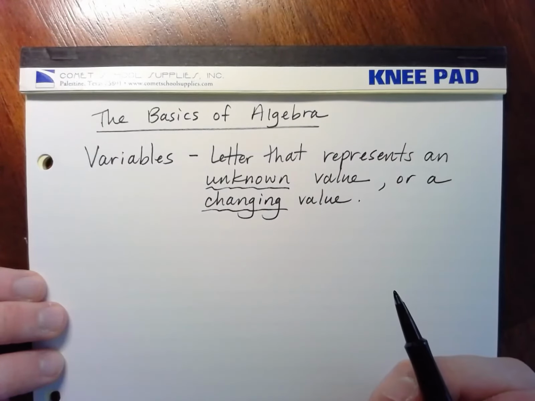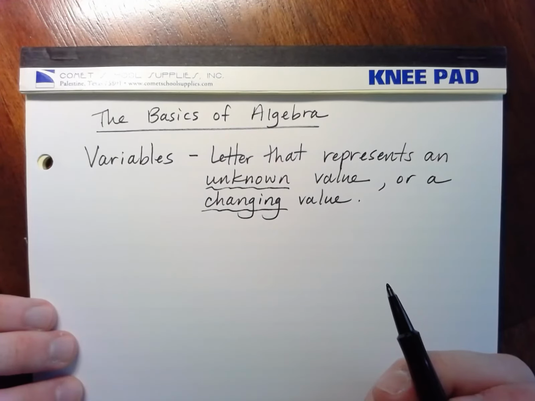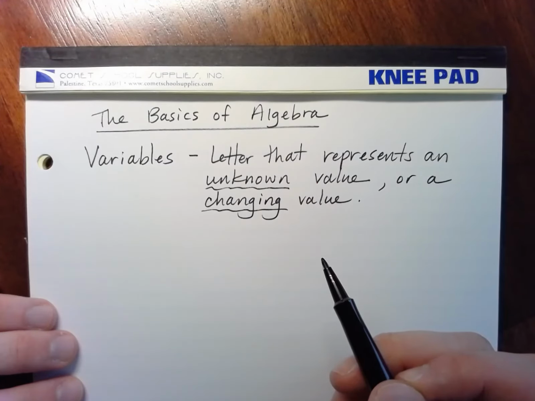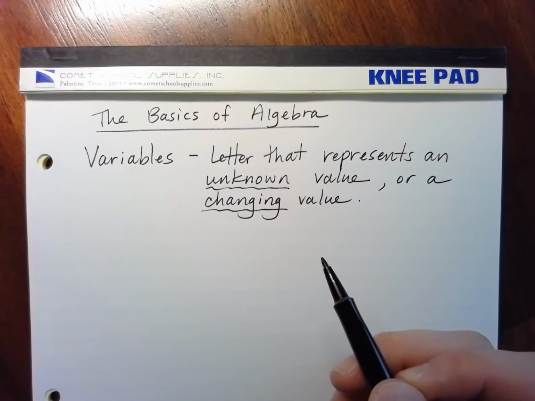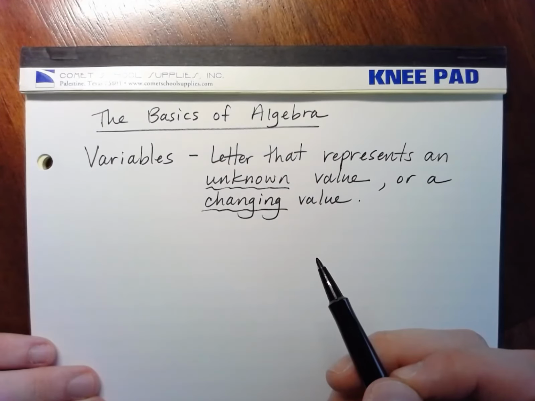And we'll actually see some that are both over the course of this class. So it could be unknown, it could be changing, but either way, it's not a fixed number. Okay? So usually the kind of regular variable that we use most of the time is the letter x.